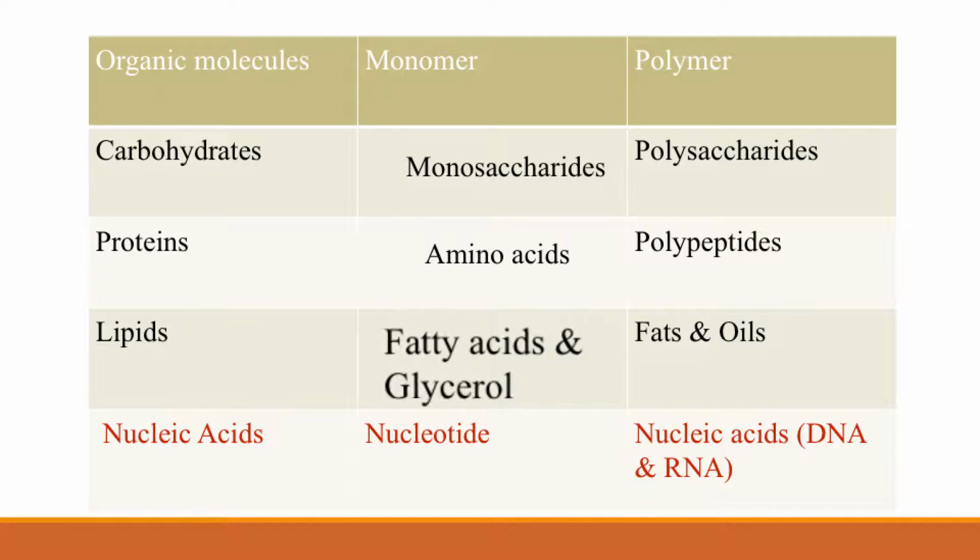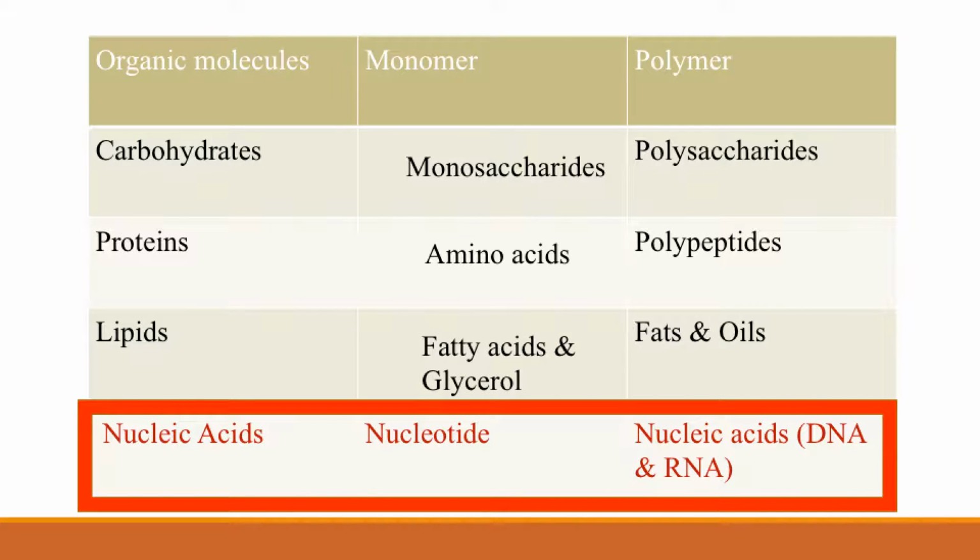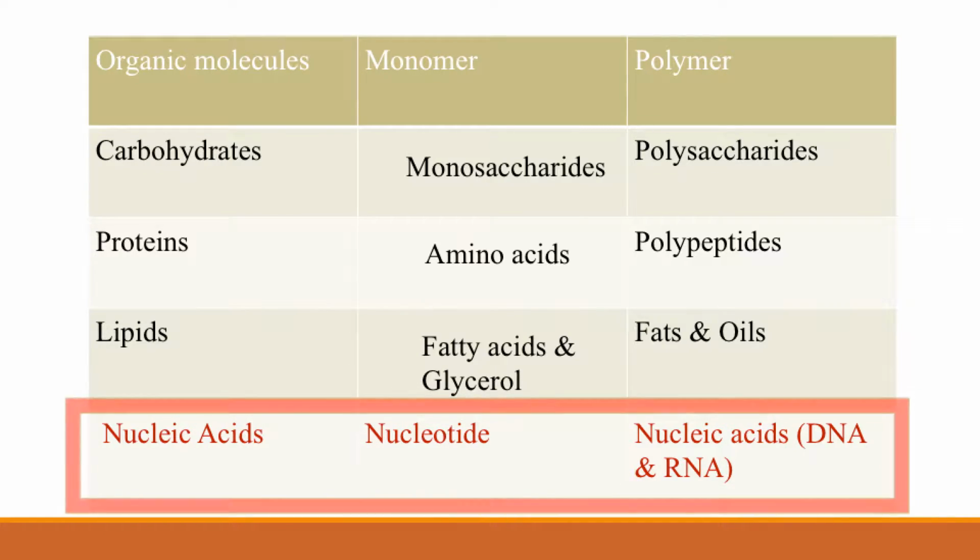Lipids were made up of fatty acids and glycerol. Similarly, nucleic acids are made up of the monomer units called nucleotides, which form the bigger polymer or polynucleotide, also known as nucleic acids. 2 examples are DNA and RNA.